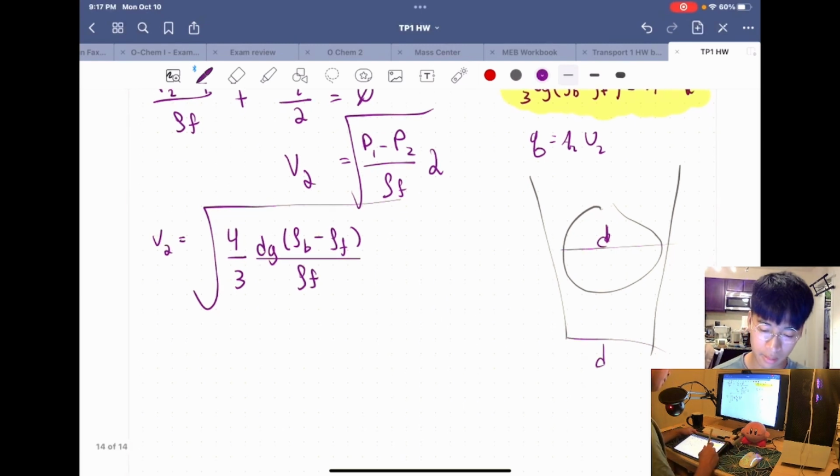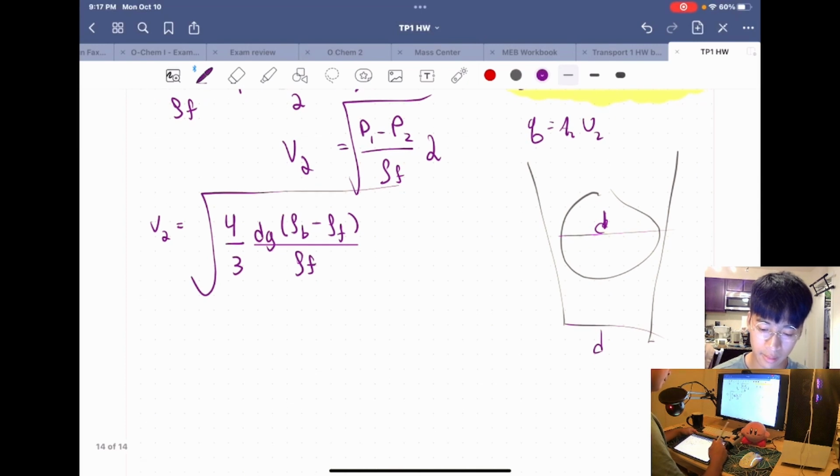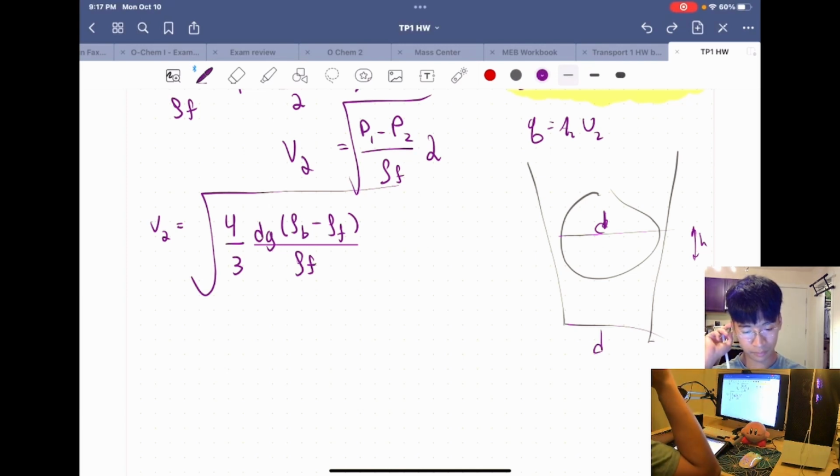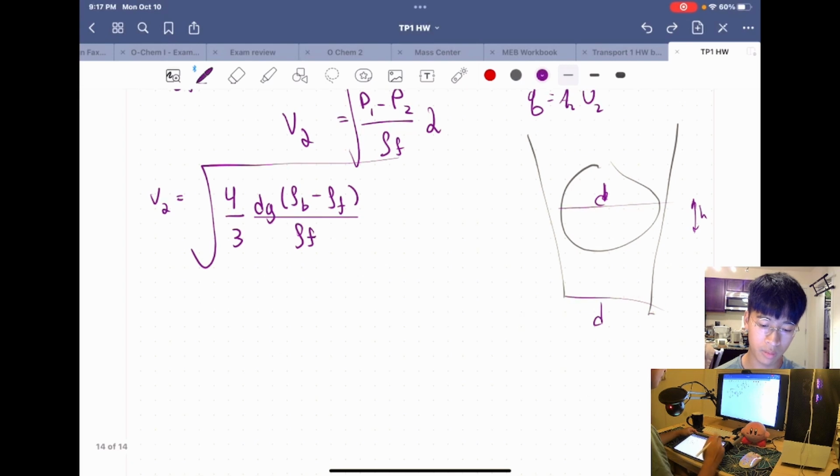And this taper is a function of height. Okay? Function of height. Such that the big D, the diameter of the tube, is going to equal height multiplied by some constant, because it's a function of height, right?